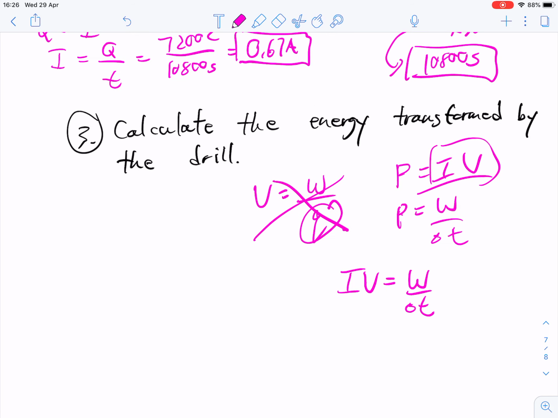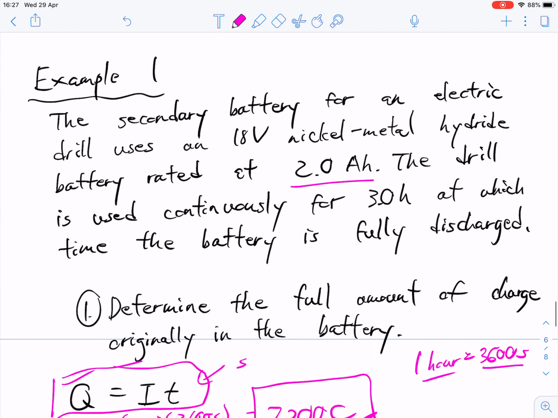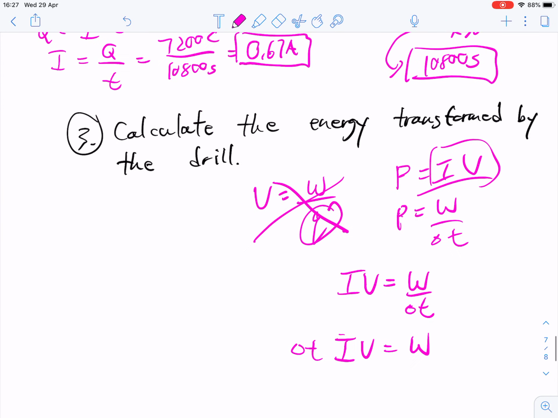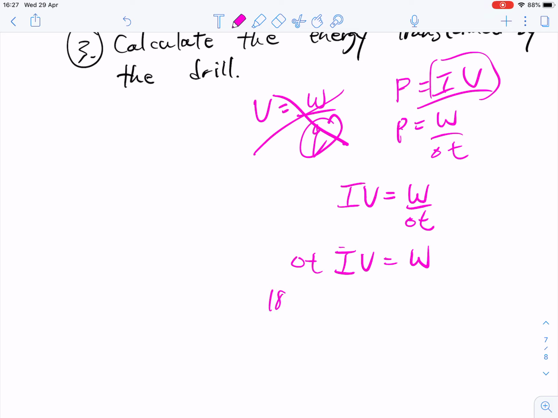So then we have essentially V times I times the change in time is going to be the work done. We know that it is 18 volts, and we have the other two pieces of information. Time, we're going to borrow from earlier, which is a total of 3 hours, or 10,800 seconds. Okay, so make sure all the units align.